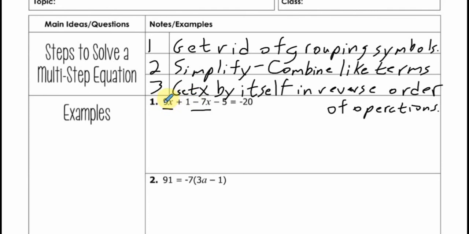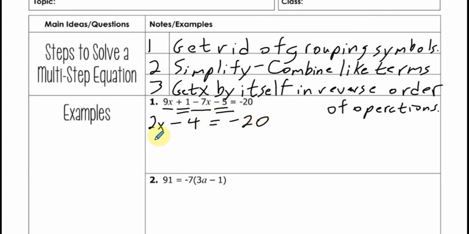And for the 9, I look at the sign in front of the 9. So 9x minus 7x is going to be 2x. And then I'm going to combine the plus 1 with the minus 5. So positive 1 minus 5, that's a negative 4. So 2x minus 4 equals negative 20.